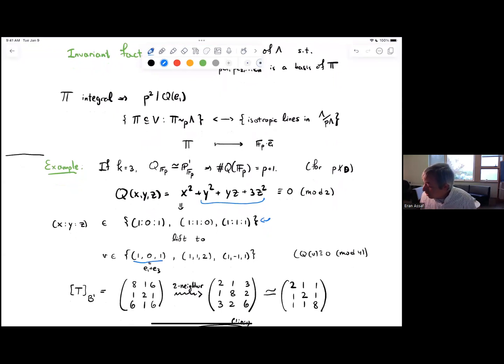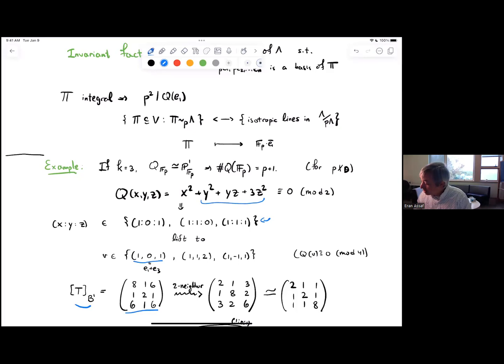We've seen that the Gram matrix with this element as the first element of the basis is the matrix right here. And by taking a two neighbor, we want to divide the first vector by 2 and multiply the second vector by 2. So the effect on the Gram matrix will be to divide the first row and column by 2 and multiply the second row and column by 2.